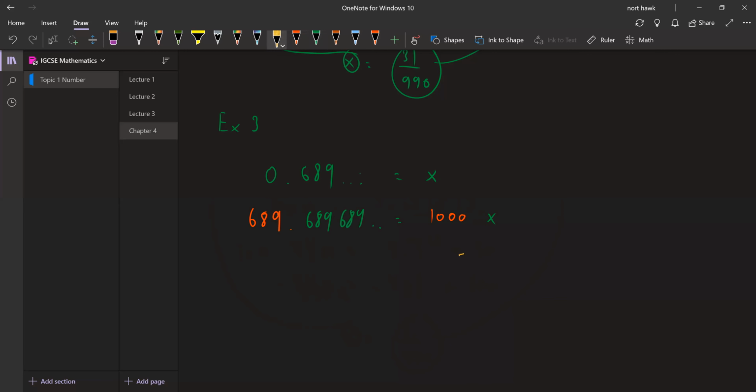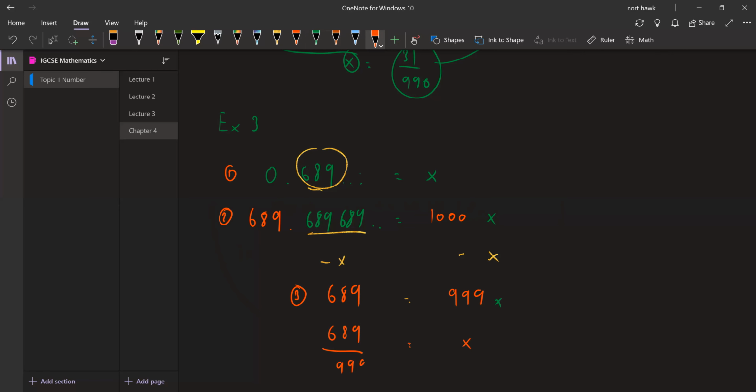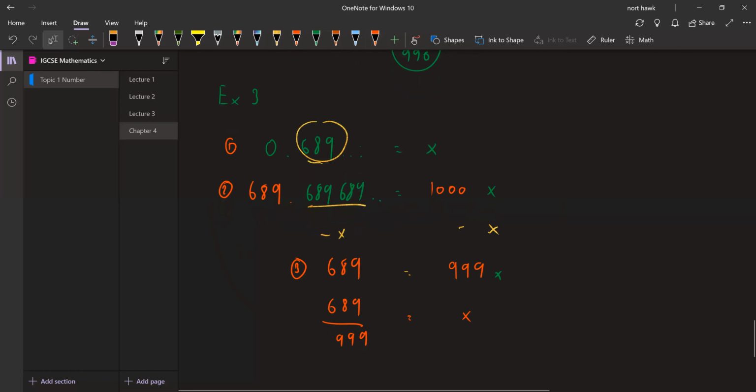I subtract x from both sides, because x is that. This would be taken away, and this would become 999 times x, which would equal 689. And x is equal to 689 divided by 999. That will be example 3.